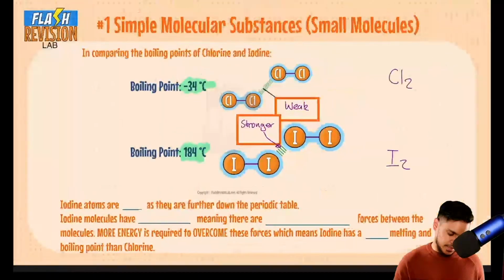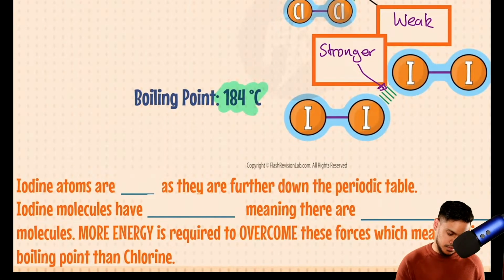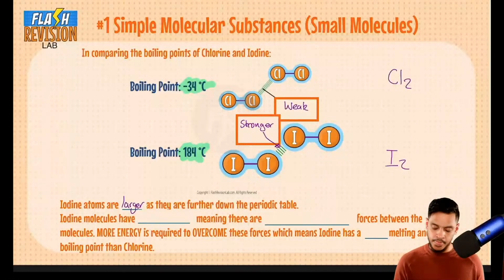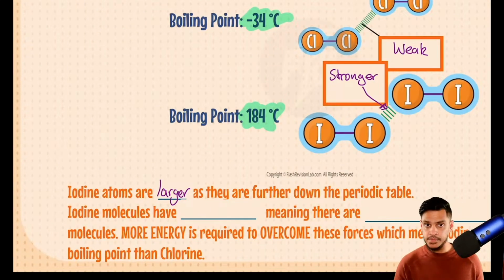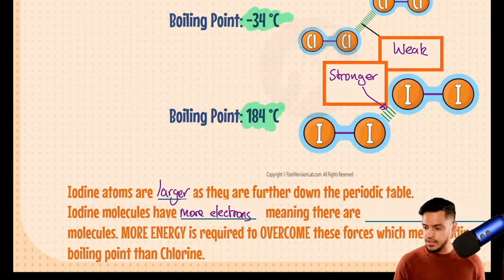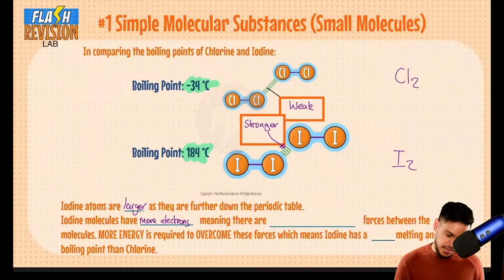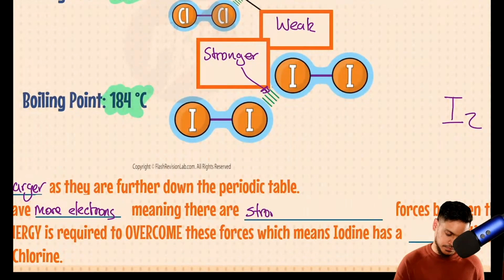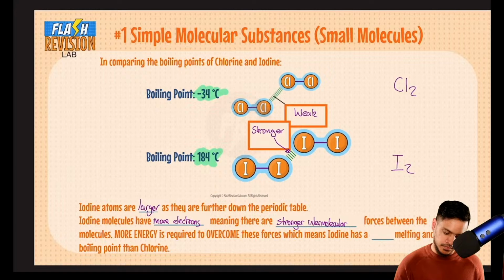So what we're going to write here, we're going to say iodine atoms are larger. Why are they larger? Because you're going to find them further down the periodic table. So that means iodine molecules, remember the difference between atoms and molecules, have more electrons. So this means there are stronger intermolecular forces between the molecules.